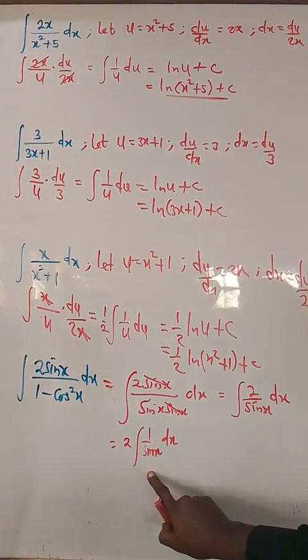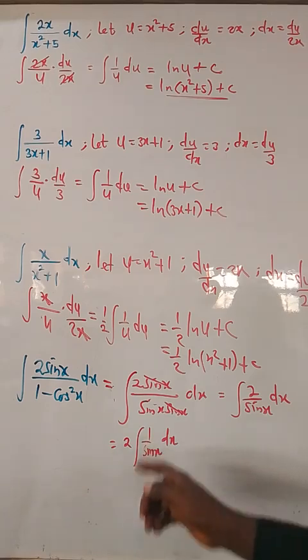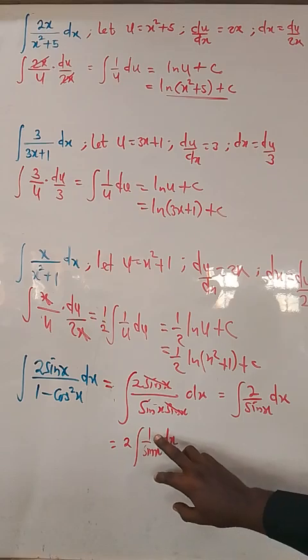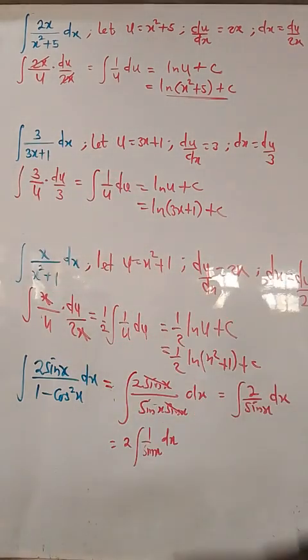If we differentiate sin x, we will be getting cos x, not 1. So 1 is a constant while cos x is not, meaning this method cannot work. So it's either we use trig manipulation, or we use what we call the half angle identity. So we have some forms of functions that we cannot apply this method to directly. So we have to use either trig substitution or the half angle.